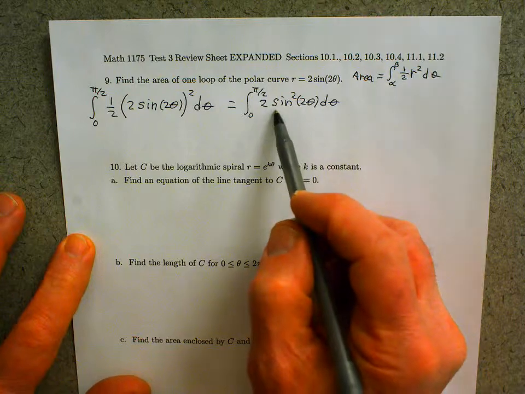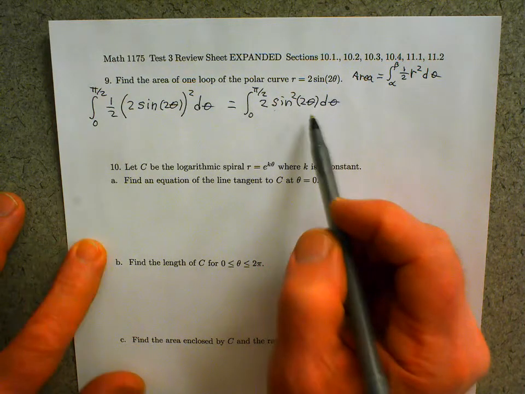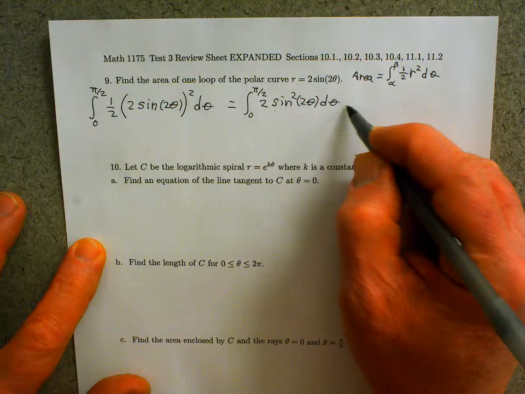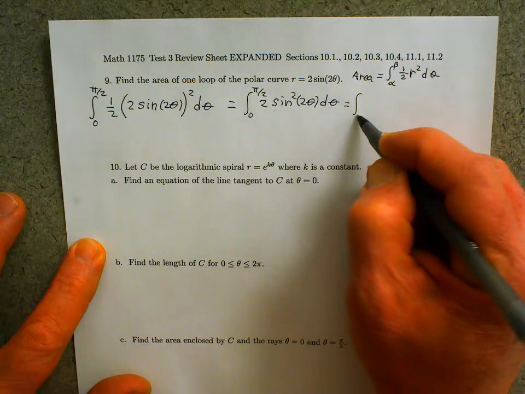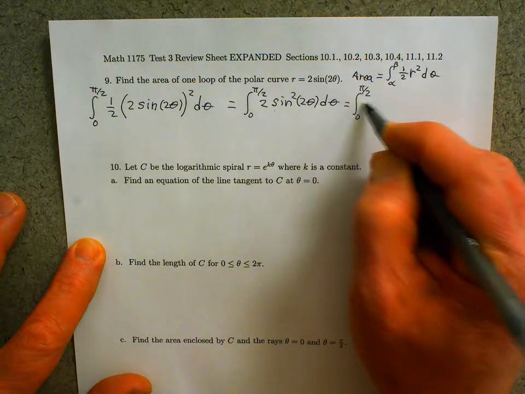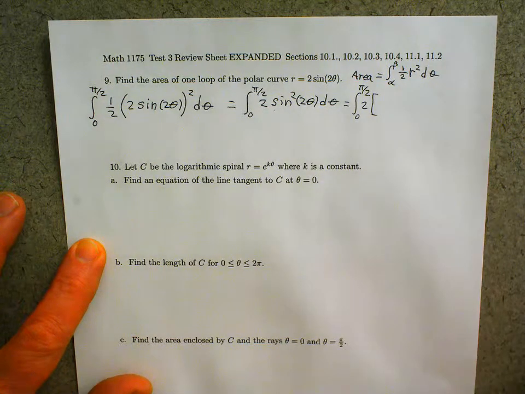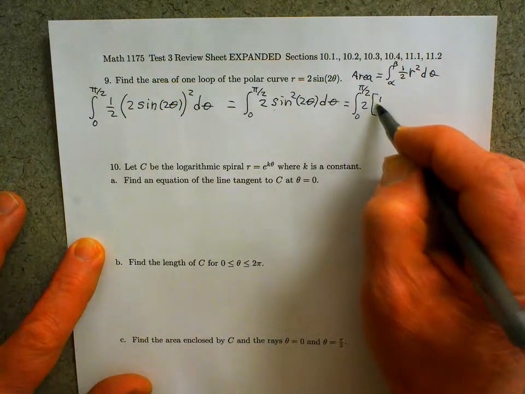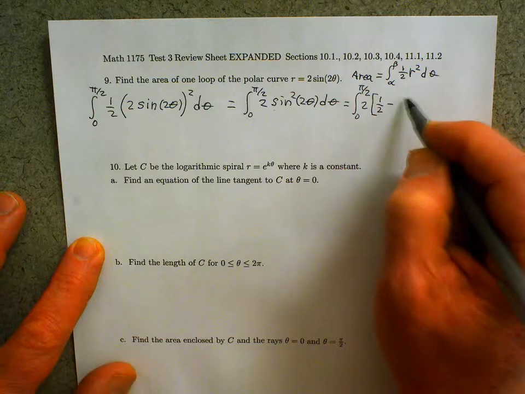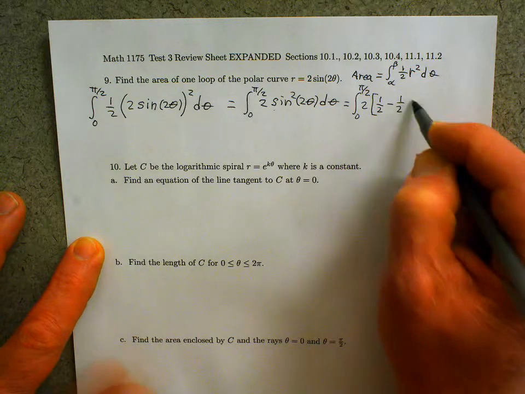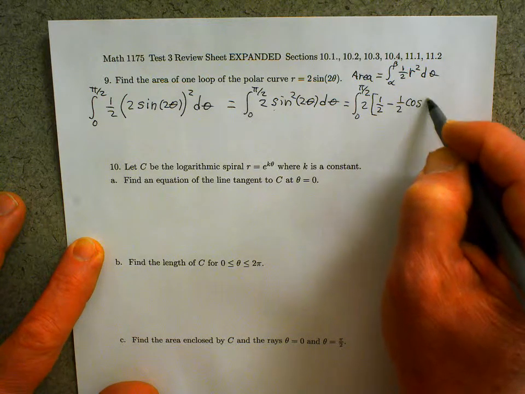Then we'll replace sine squared of 2 theta with the identity 1/2 minus 1/2 times cosine of 4 theta.